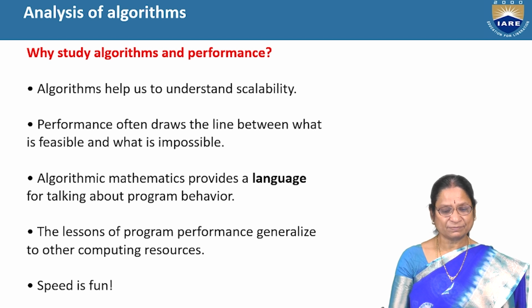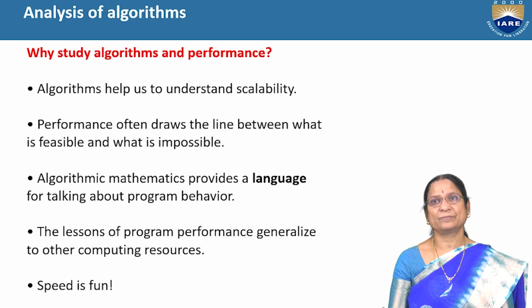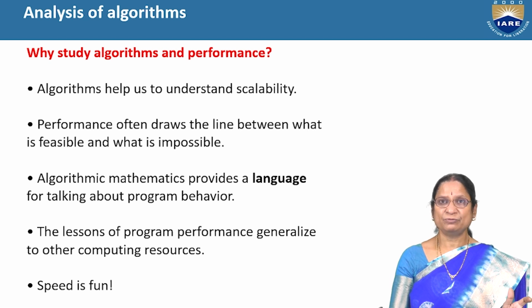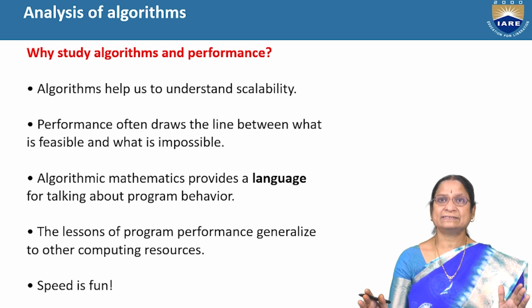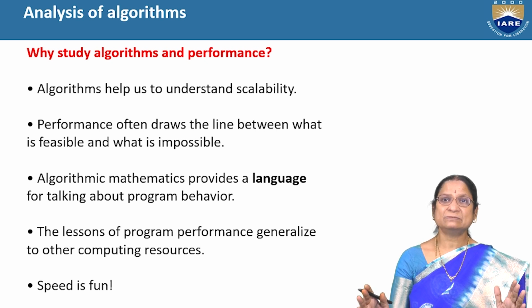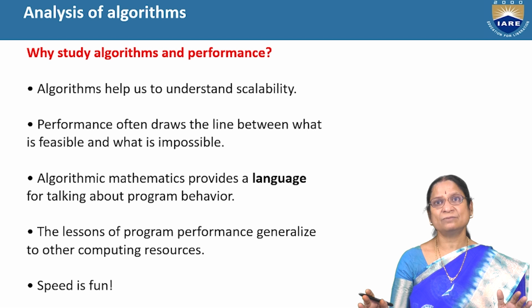So what is meant by performance analysis? Generally, performance analysis often draws the line between what is feasible and what is impossible. Generally, when we are writing an algorithm, we are able to analyze and specify whether that particular algorithm provides a proper solution or not, an exact solution or not.